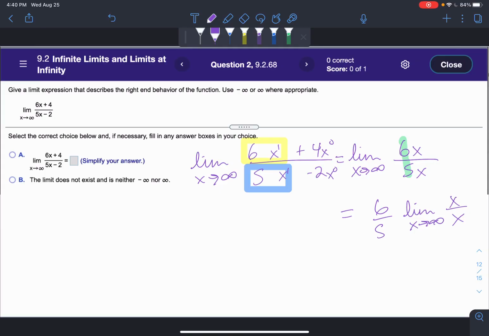We can cross out these x's because we're talking about limits. So this is the limit of 1, which is a constant function, as x gets really large. Because there is no x here, our limit would be 1. And then don't forget about this constant out here being multiplied. And so our answer here would be 6/5.